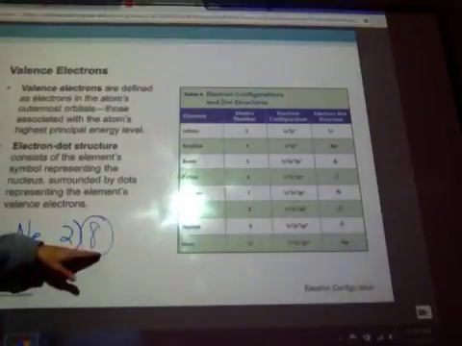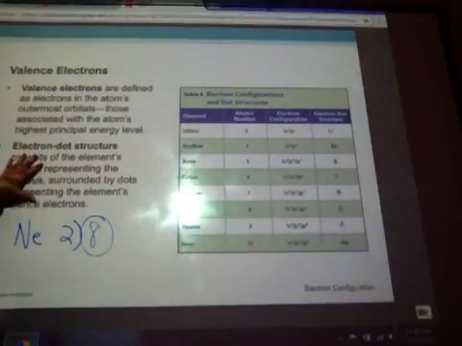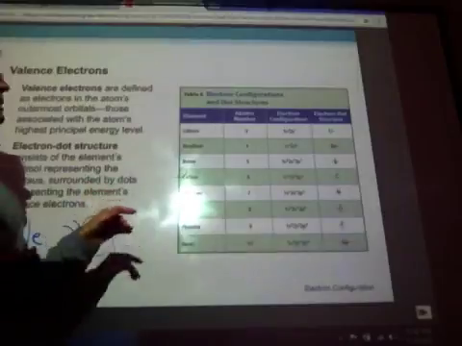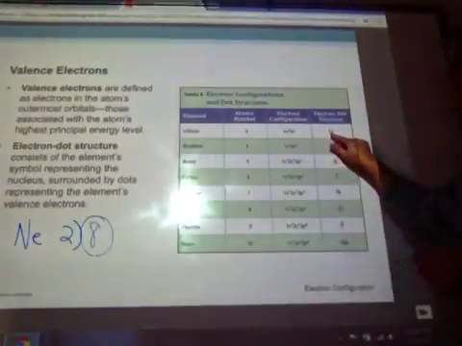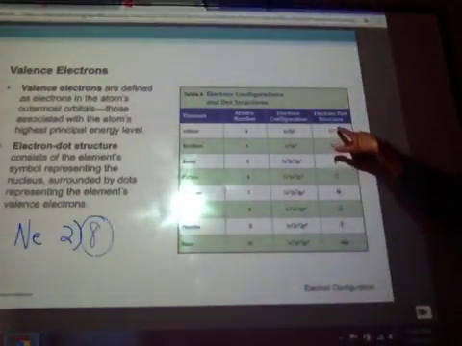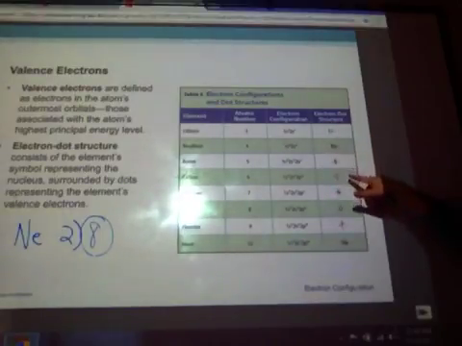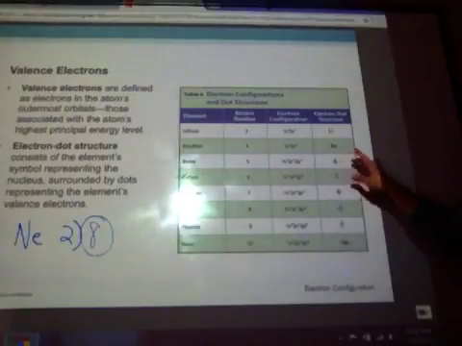I can show my valence electrons by using an electron dot structure, or I call it an electron dot diagram. You write the symbol, so Li for lithium has 1 valence electron, 1 dot. Beryllium has 2, boron has 3, carbon. And this table is in your book.